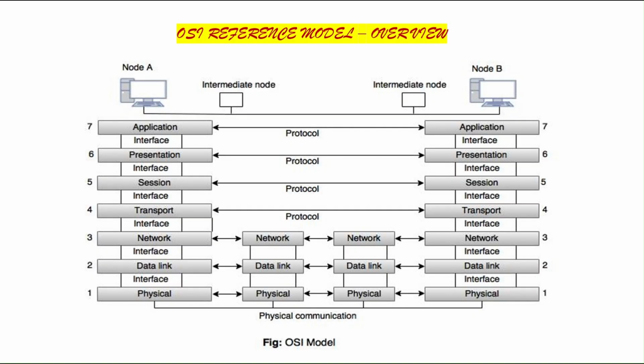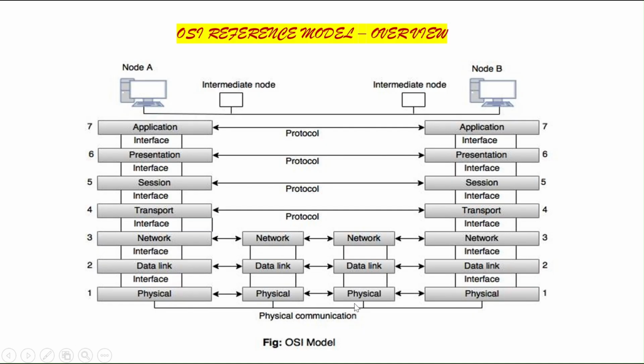Going to the next slide, we have the OSI reference model overview. Guys, you have to know the overview of the physical layer. Here is the sender side and the receiver side. We have the application layer, presentation layer, session layer, transport layer, network layer, data link layer, and physical layer.